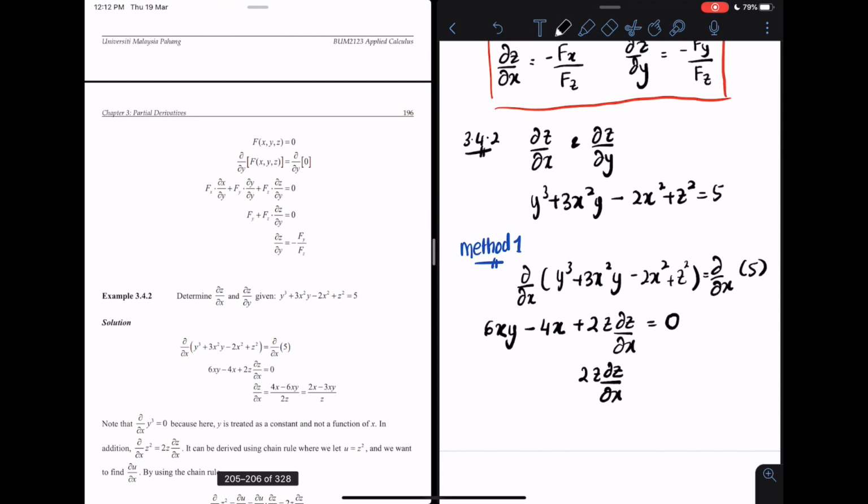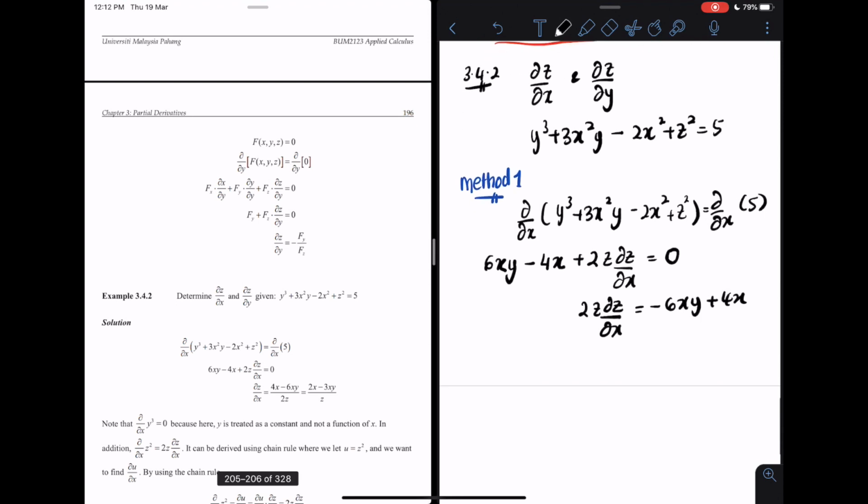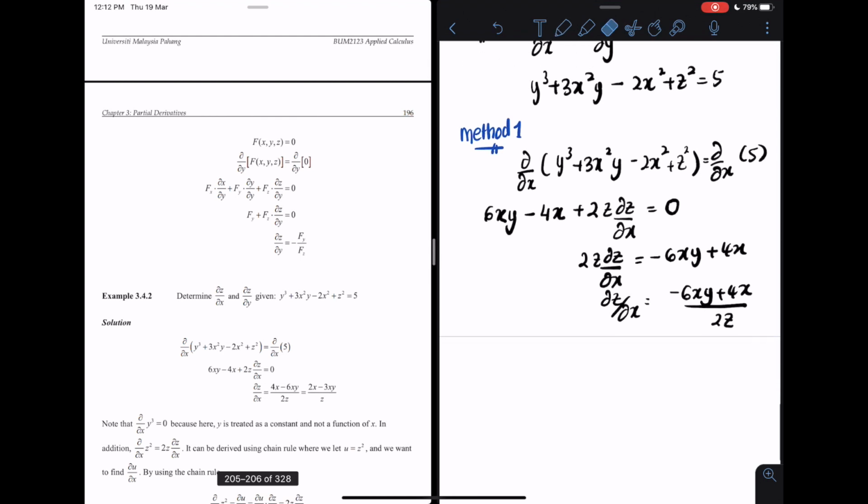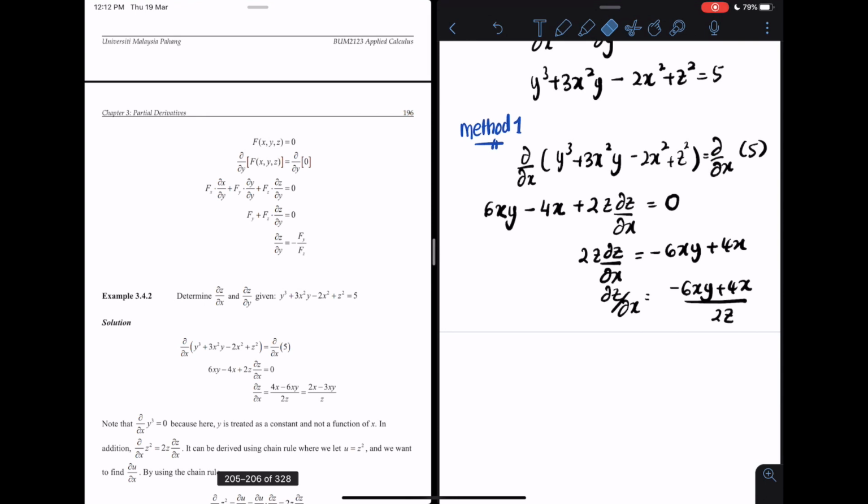So I will get equal to negative 6xy plus 4x, and del z del x equal to negative 6xy plus 4x divided by 2z. Okay, you can leave it as it is, or if you look on page 196, the author tries to simplify the answer. Either one is acceptable.